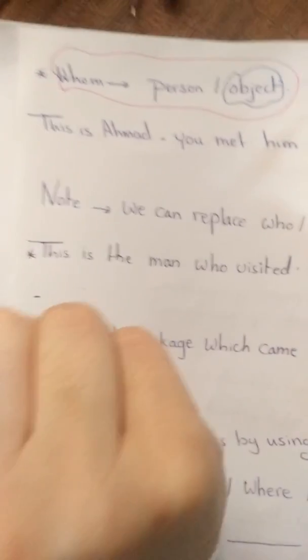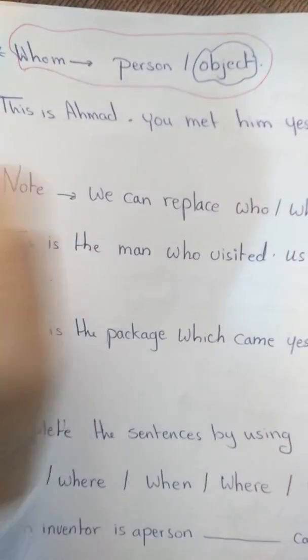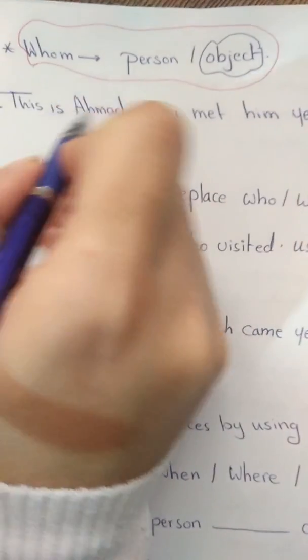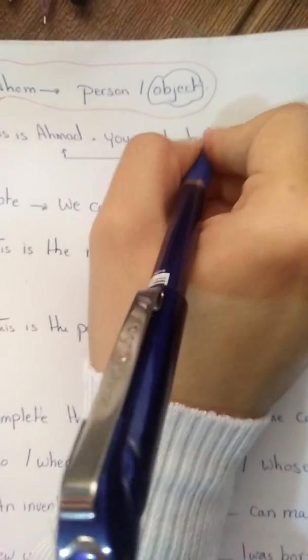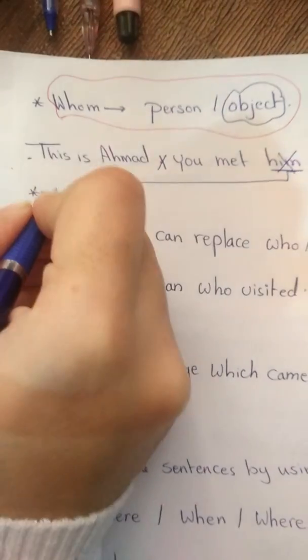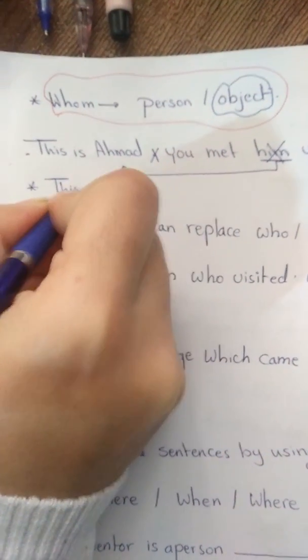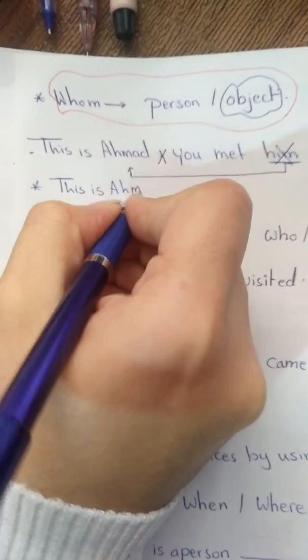Him refers to Ahmed, so we can delete him and the dot.